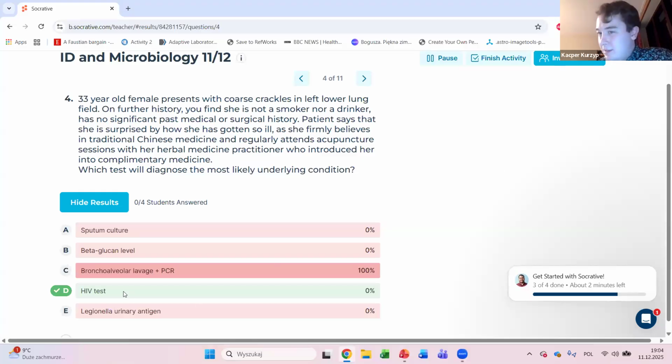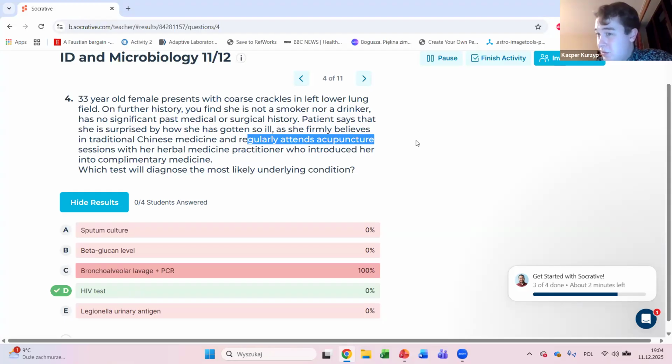And if there is one test that every ID doctor you will meet, you know how essentially any patient that comes into the hospital gets an ECG and chest X-ray, ID doctors would like to add an HIV test into that good morning, how are you bundle. You have a risk factor for HIV in the form of acupuncture.